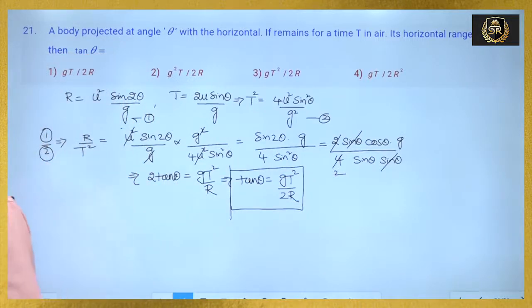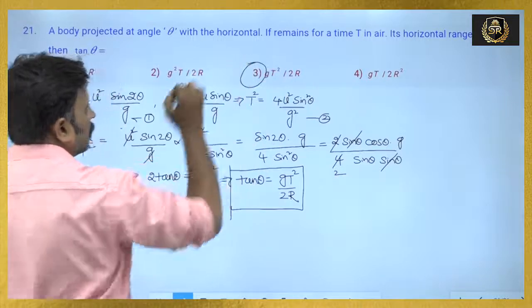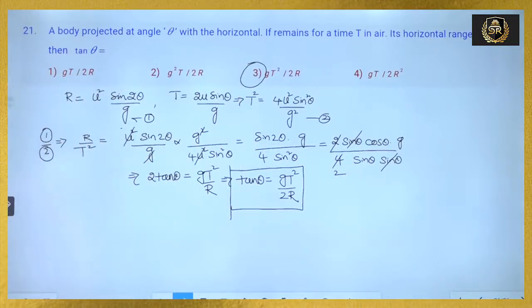Okay, tan theta is equal to gt square by 2R. The third option is the correct one.